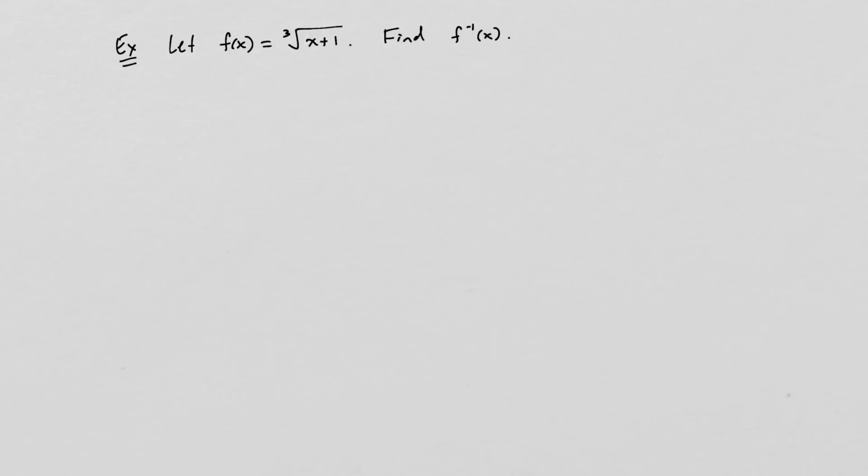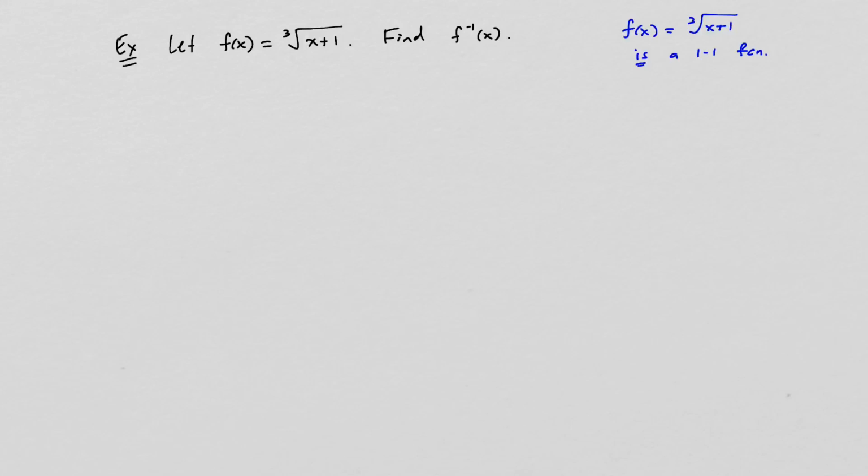So here's a function, f of x equals the cube root of x plus 1, and I would like to find its inverse function. I will just note real quick that this function, f of x equals the cube root of x plus 1, is a one-to-one function.